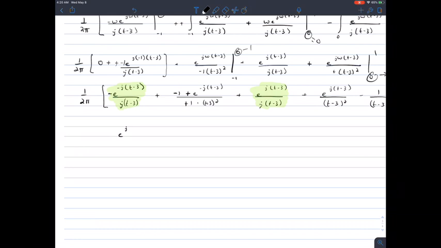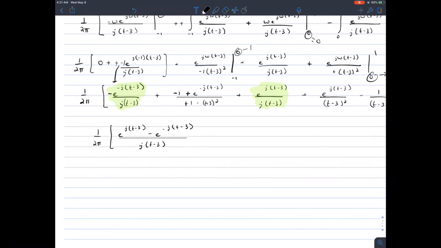So e to the j(t minus 3) minus e to the negative j(t minus 3) all divided by j(t minus 3). Remember, all this is 1 over 2 pi as well. Okay? Because guys, remember the negative sign I didn't bring down. Okay?